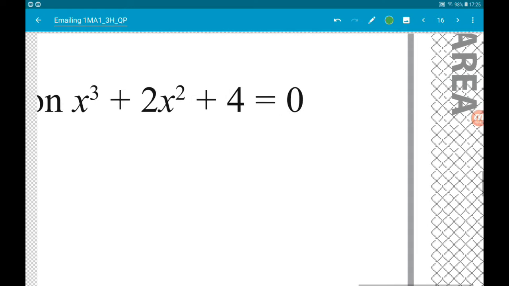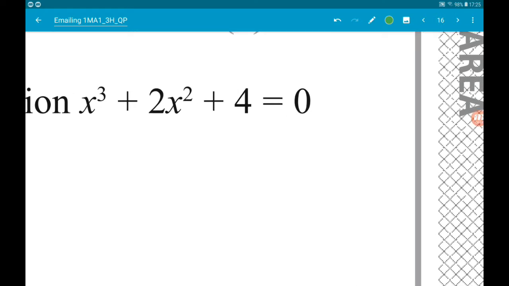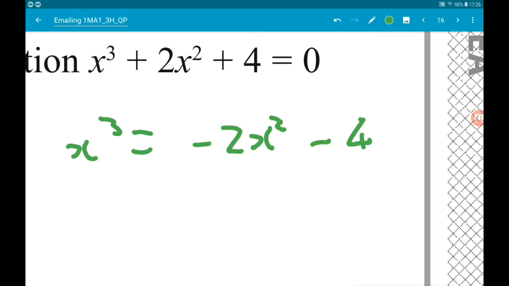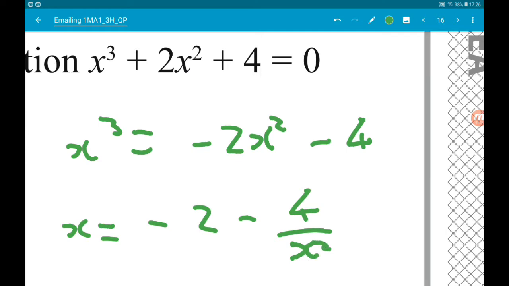So, if we subtract 2x squared and 4, we get x cubed is equal to minus 2x squared minus 4. If we then divide both sides by x squared, we get x is equal to minus 2 minus 4 over x squared.